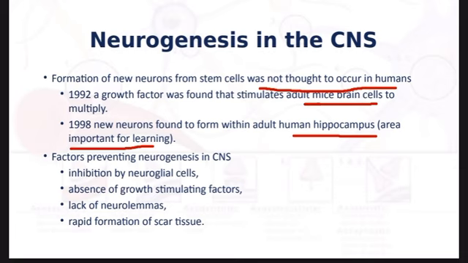So factors preventing neurogenesis in the CNS, أول شيء it's inhibited by neuroglia cells بسبب إنه it's surrounding ما هي إذا death في النيورونز died طيب اللي جنبها نيرون اللي هي supported، تتذكرون الجلو نيرونز، ف what they would do, they die okay فما في function, absent of growth and stimulatory factors، which what we mean by انه ما تقدر على سبيل المثال النيرون will send it to the other neurons ف that's what happened.